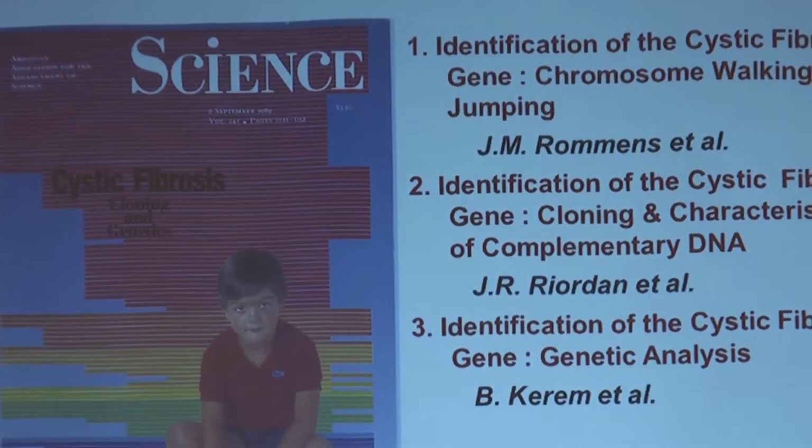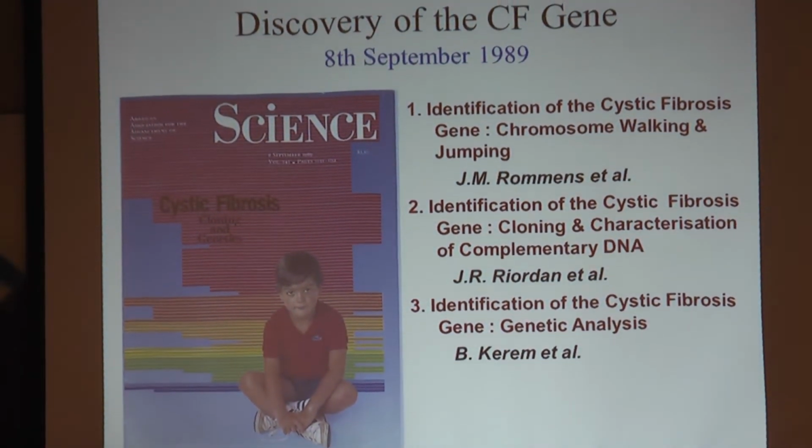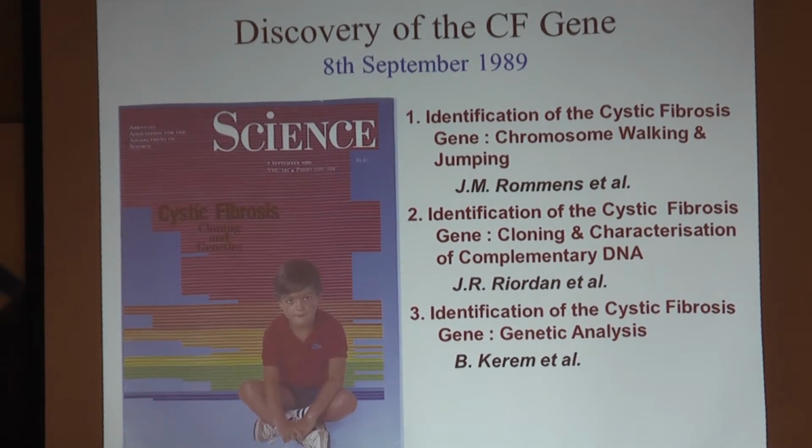One of our questions was, when was the CF gene discovered? And I think several people here did know that, and this is where the modern era of CF really begins. I got involved in CF as a resident back in the late 70s and then as a fellow. And I can tell you that through the 1980s, there was a long effort by many people to understand the genetic basis of CF. We knew that it was an autosomal recessive single gene disease, but didn't know much beyond that.